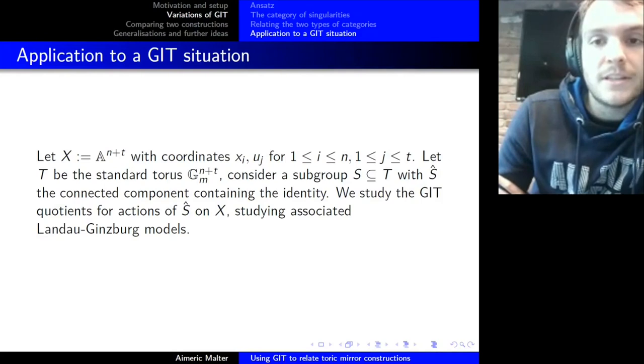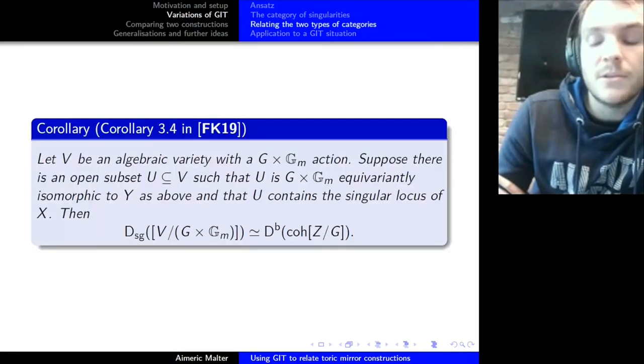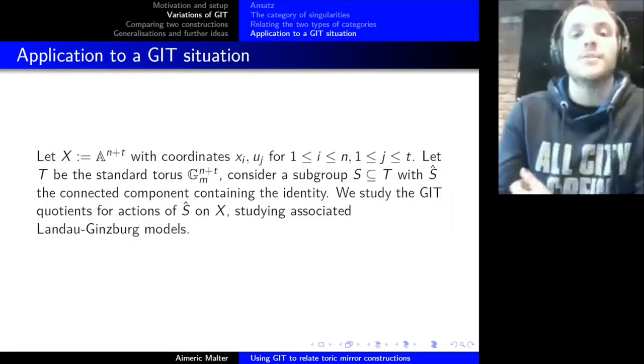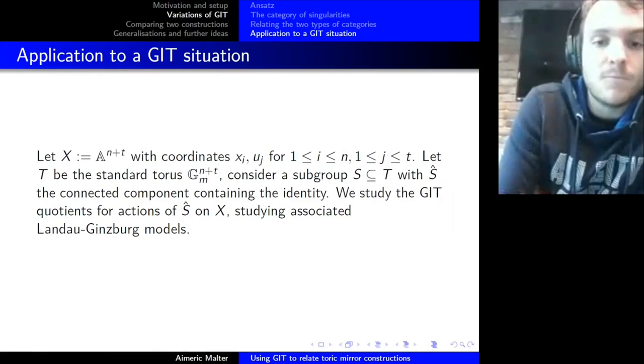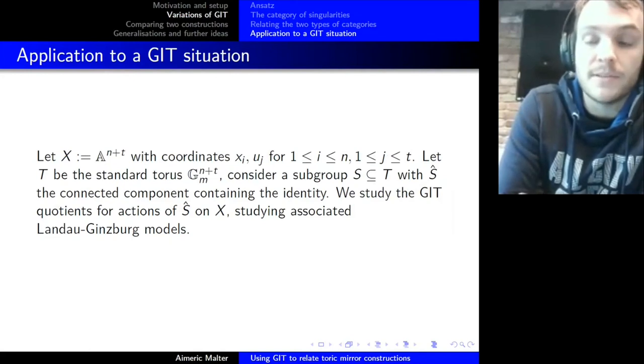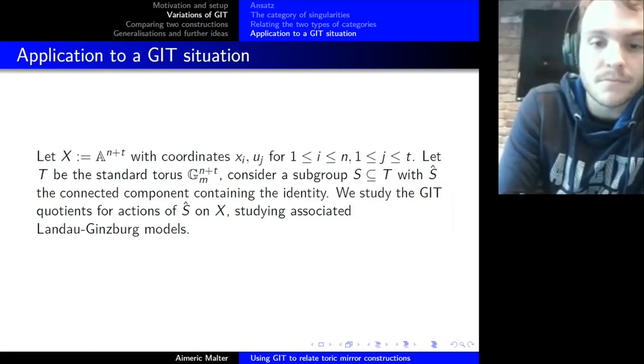We now want to use these equivalences of categories and apply them to a GIT situation. So we start with some affine space, which has n plus t coordinates. The first n coordinates are the x_i, the next t coordinates are the u_j. I like to think of the u_j as bundle coordinates and the x_i as the coordinates of the actual underlying space.